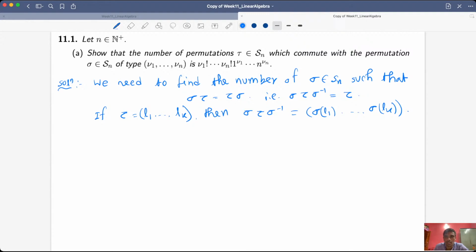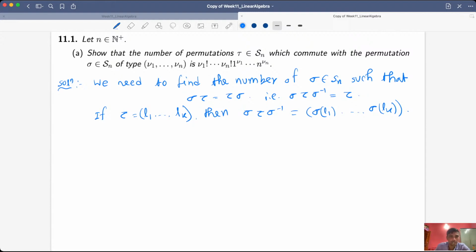And if it is something in sigma L1 through sigma Lk, suppose it is sigma Li, then under this cycle it will send it to sigma Li plus 1. On the other side, sigma inverse of sigma Li will be Li, but tau of Li is Li plus 1, so that gives me again sigma Li plus 1. So on both sides you will directly see that these two are exactly the same.